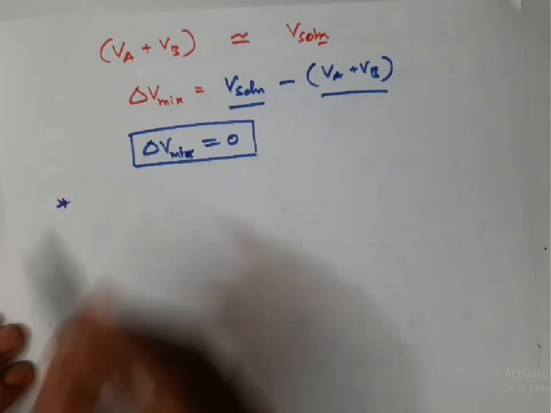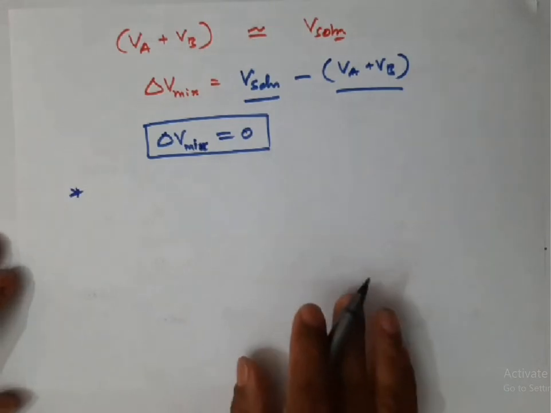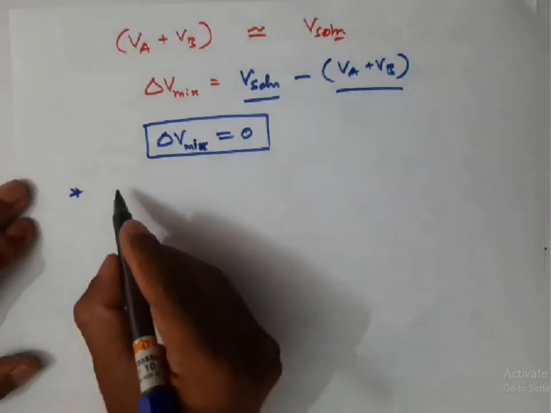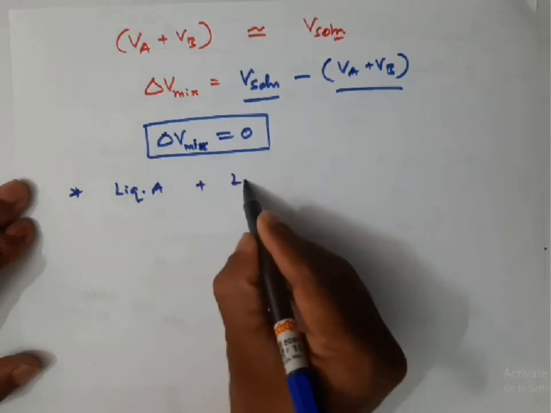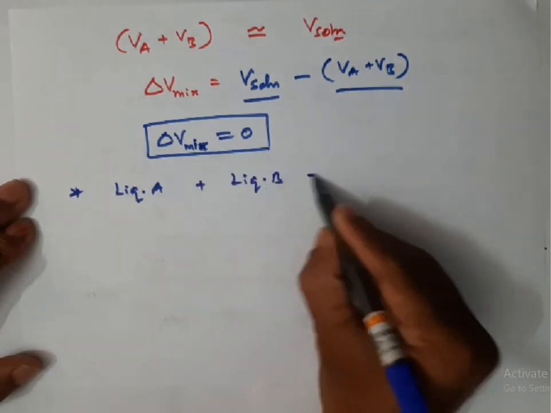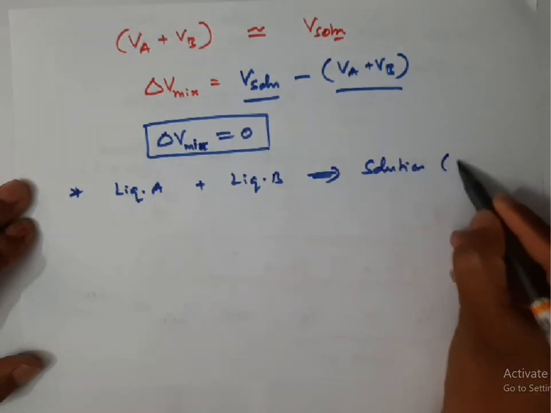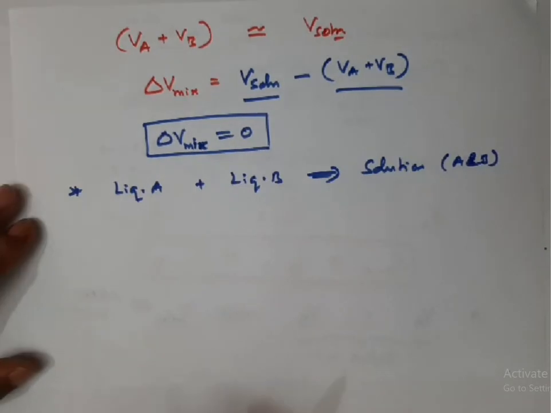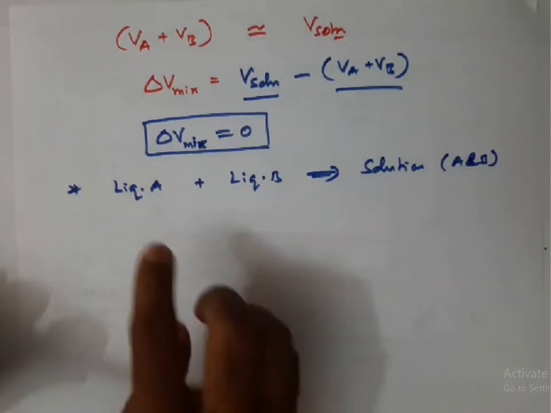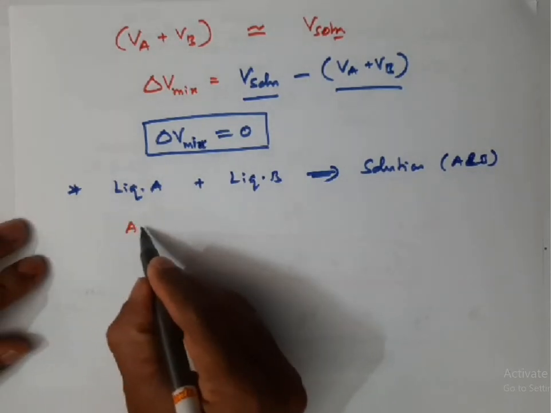Then the third point, students, observe carefully. It's very, very important. Listen, we mix liquid A with liquid B and we have formed a solution containing A and B. I have told you that in liquid A we have some force of attraction between AA molecules.